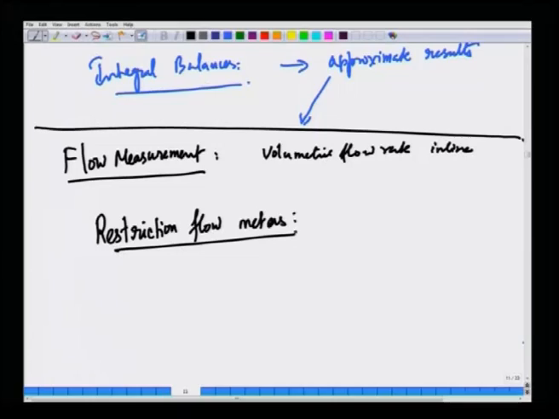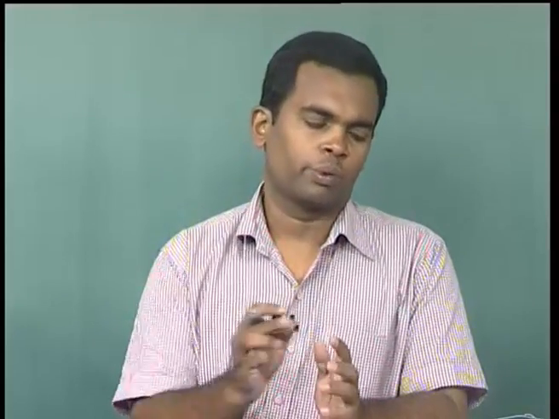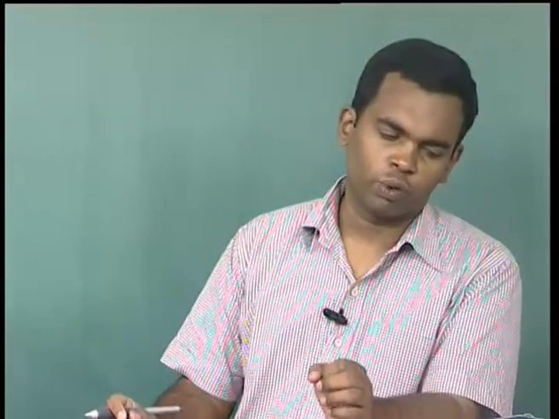These are flow measuring devices which are fixed within a pipeline network in which fluid is steadily flowing, and by measuring a pressure drop between two appropriate points within this device, we can correlate the pressure drop to the volumetric flow rate.